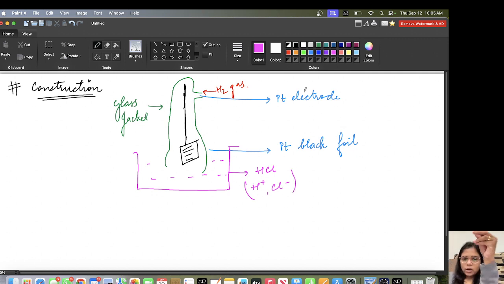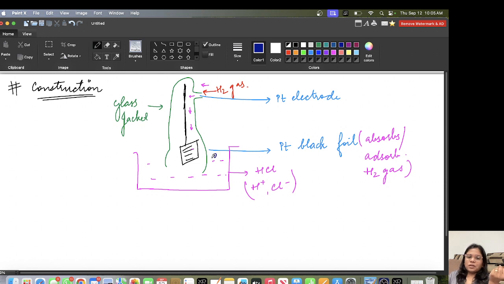So what happens basically is your hydrogen gas enters from here, and the platinum foil will absorb or adsorb the hydrogen gas. Some of the hydrogen gas is absorbed in this platinum foil and the rest of it will simply bubble out. Here you have H plus ions everywhere, right?